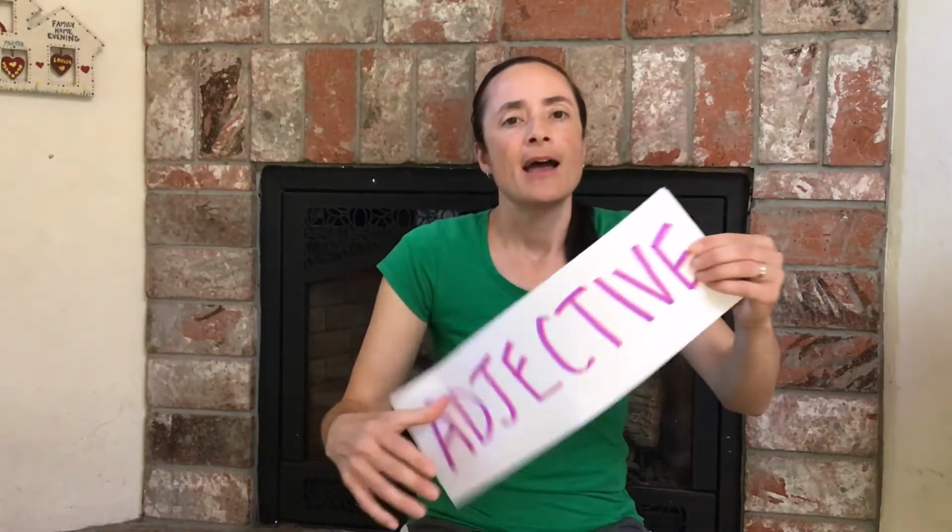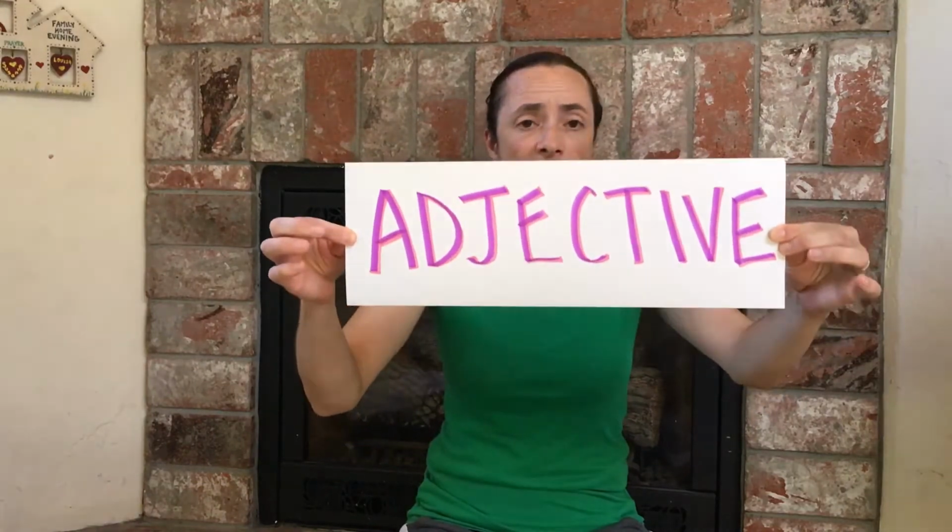One of the easiest ways to create some alliteration is by using adjectives. An adjective is a word that describes a noun. So we could take a common noun, say cat, and we could brainstorm a bunch of adjectives that start with the same hard C sound as cat.